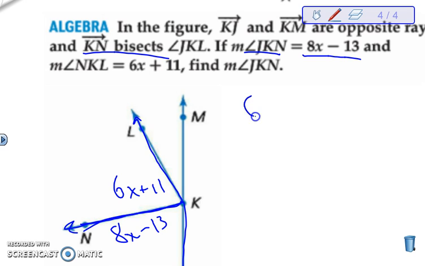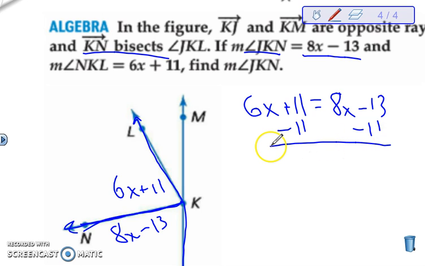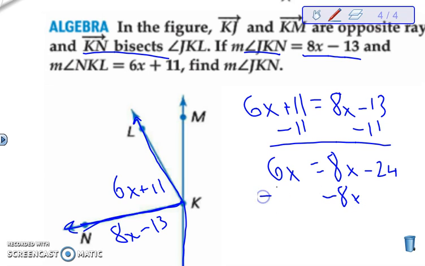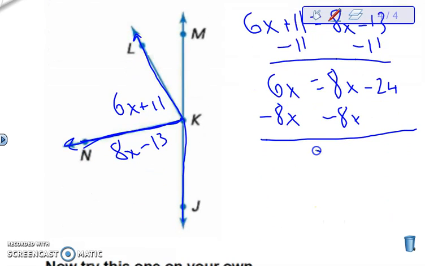So we can say 6x plus 11 has to equal 8x minus 13. And then we can solve from there. We'll subtract our x's once we've got our numbers together. So we've got negative 24 is equal to negative 2x, which tells us that x equals 12.